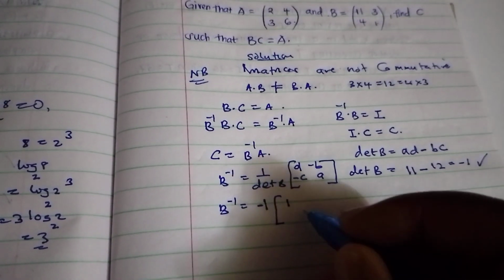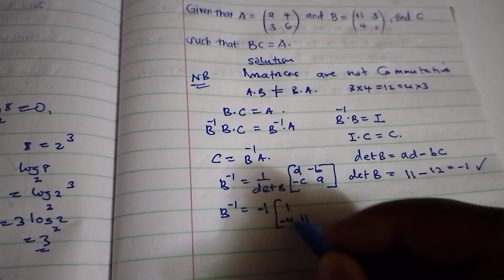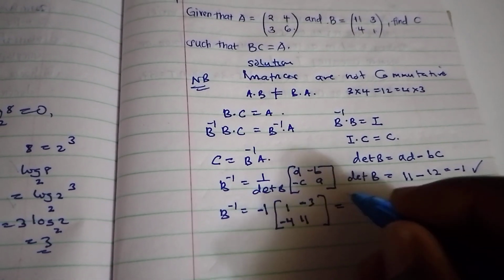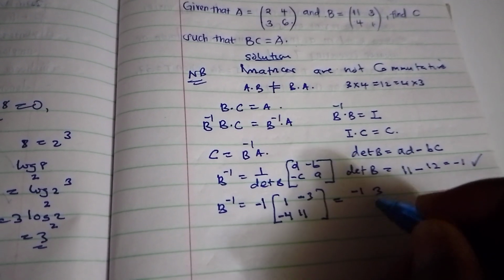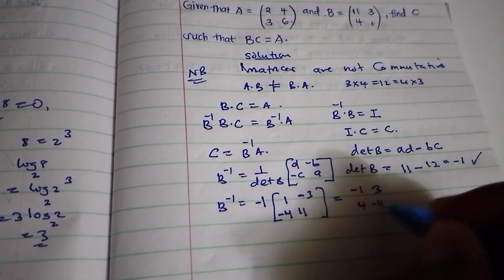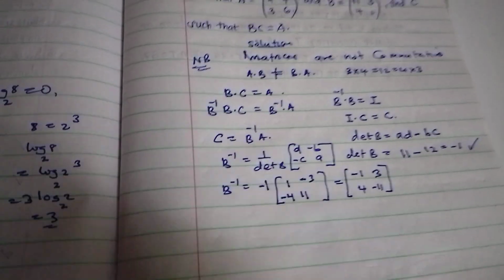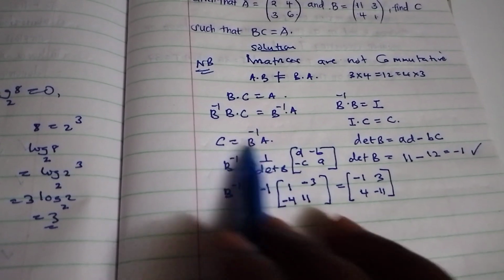So we have 1, negative 3, negative 4, and 11, where the off-diagonal elements acquire a negative sign. If you distribute negative 1 across, you're going to have minus 1, 3, 4, and minus 11. So that's the inverse. Okay, now using that inverse, let's go back to this equation here.